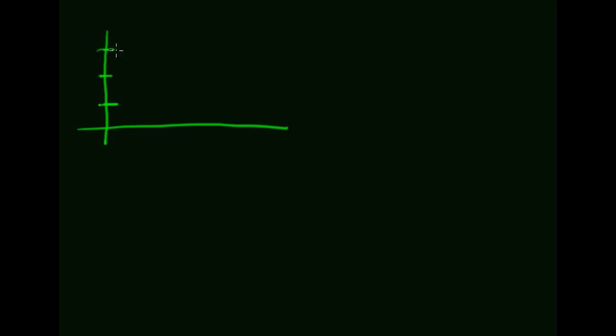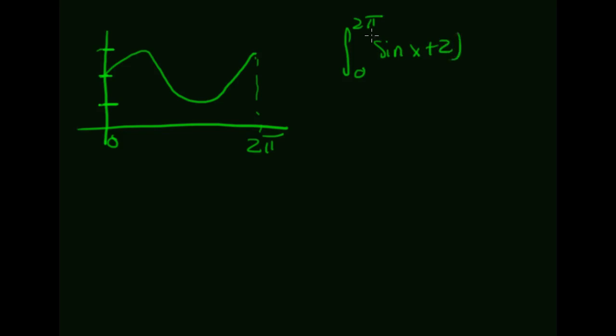My sine curve is now going to bounce between 1 and 3, and it's going to have its period from 0 to 2 pi. So we're going to use our Riemann sums to estimate the integral from 0 to 2 pi of the sine of x plus 2 dx.